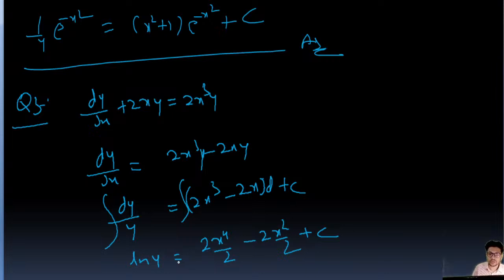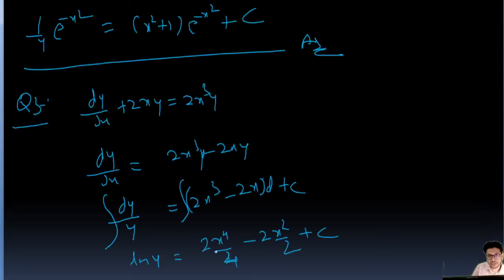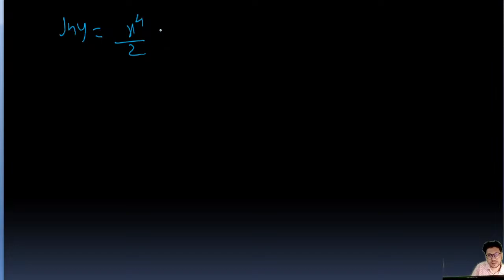So 2 will get cancelled, and this is ln y equal to x to the power 4 by 2 minus x square plus c. So this is the answer.